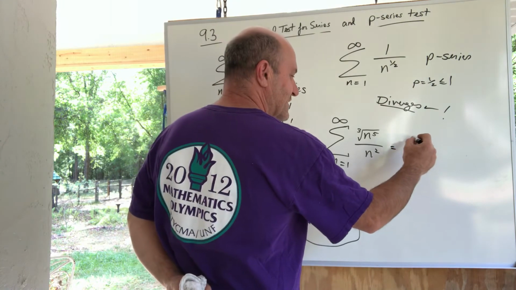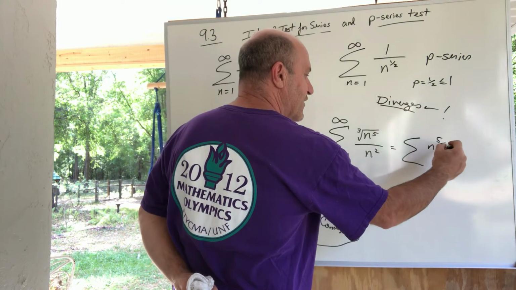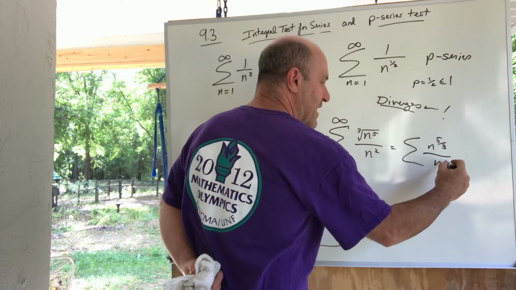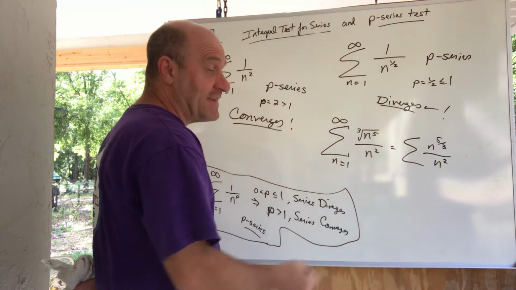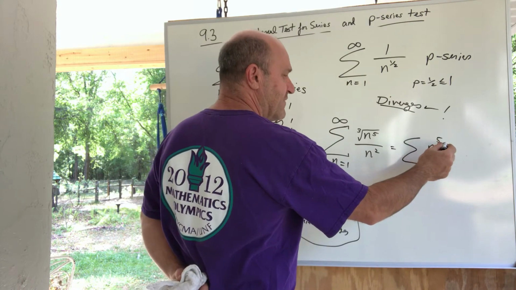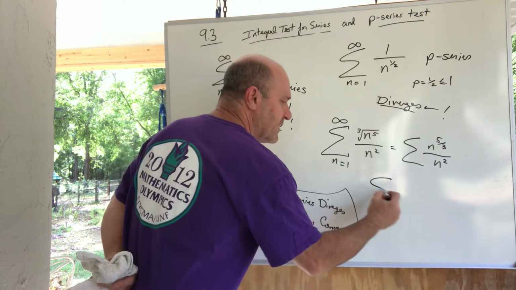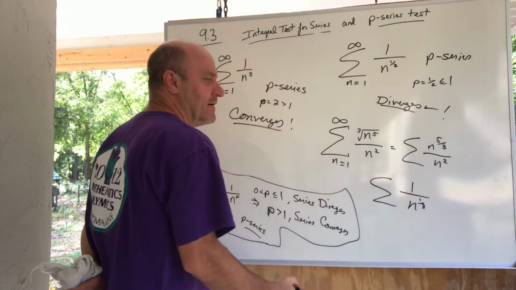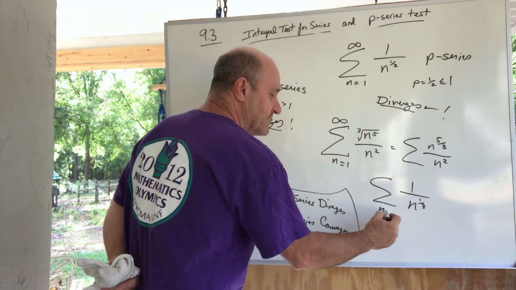This is n to the 5/3 over n squared. If I subtract exponents, I get 6/3 minus 5/3, and I'm left with n to the 1/3 in the denominator.